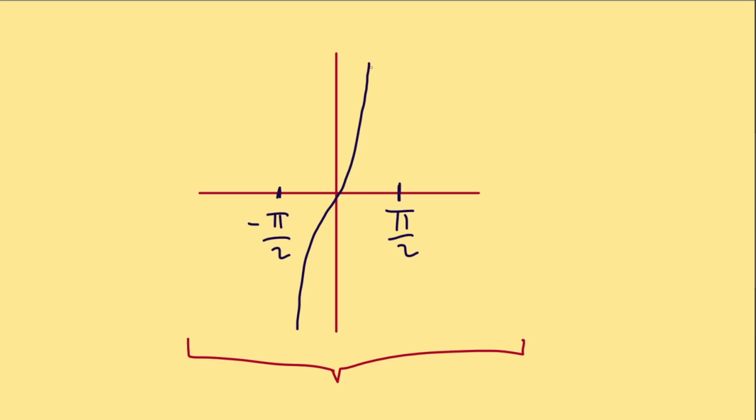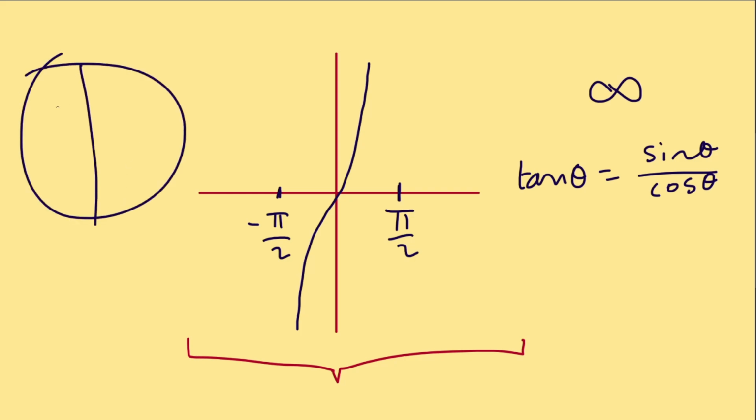The reason why it has this weird shape is actually really cool, and it deals with infinity. So you know tangent is sine over cosine. And on the unit circle, sine is the y and cosine is the x. Let's say you started here, at 2 pi, and up here is pi over 2.